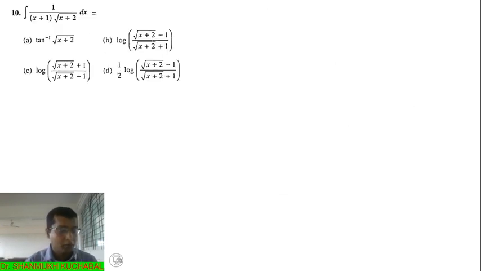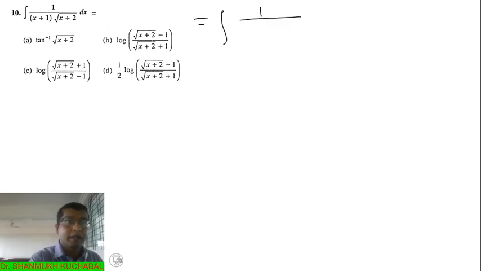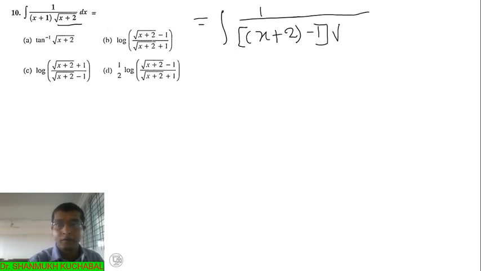Right. Okay, we'll move to example number 10. It is the integration of 1 divided by x plus 1 into root of x plus 2. According to this, second function, the first function we balance. So we can write this as x plus 2 minus 1, under the square root of x plus 2, into dx.